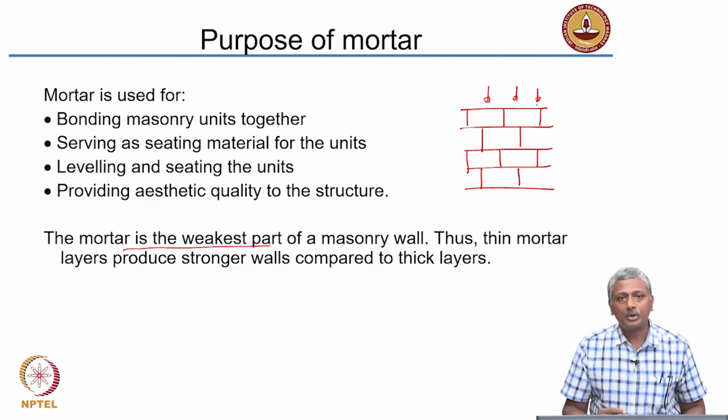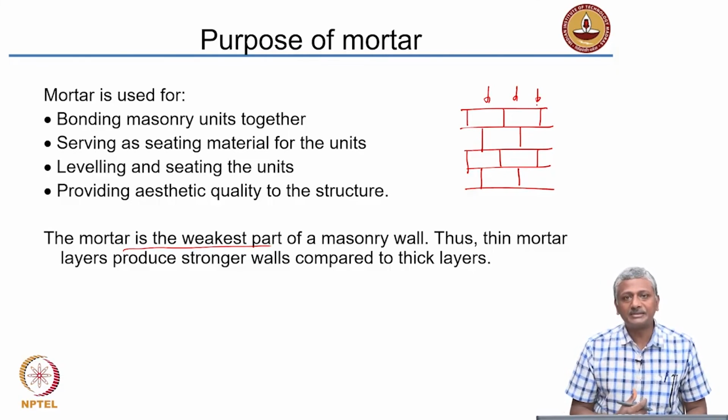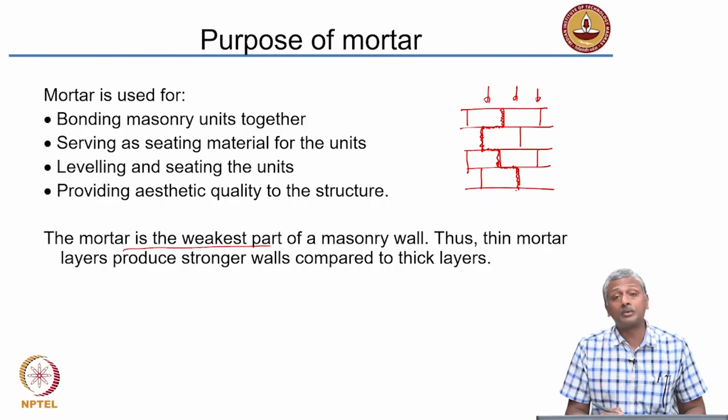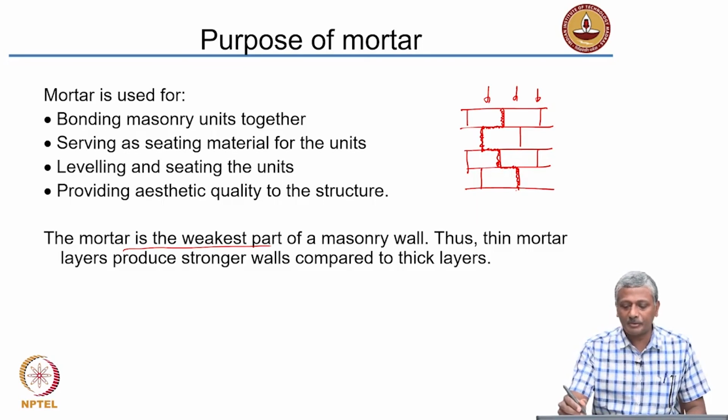Now, if the mortar is weaker than the block, the failure will come like this. The crack will probably go along the mortar joints. So, the building will fail because of failure of the mortar joints, and that will be a slow and steady failure because the crack has to travel a longer path. It needs to come like this and like this and go.